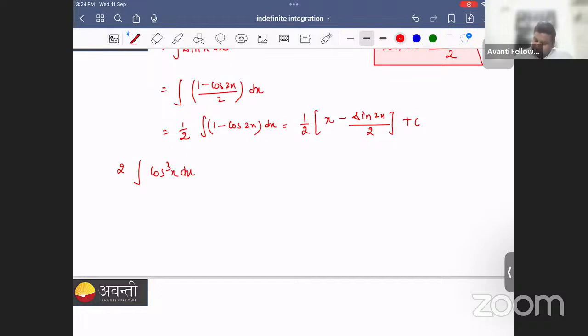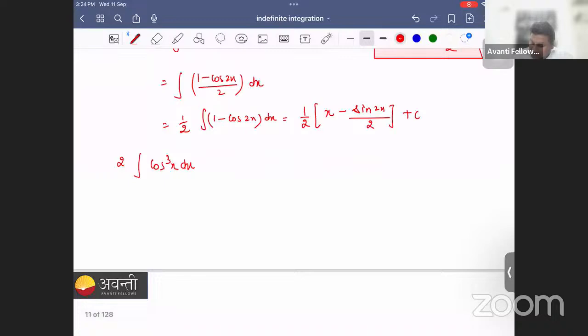Now see, there's another formula that I have, that is cos 3x. Cos 3x is 4 cos cube x minus 3 cos x. So from this formula, you can apply that cos cube x is cos 3x plus 3 cos x upon 4.